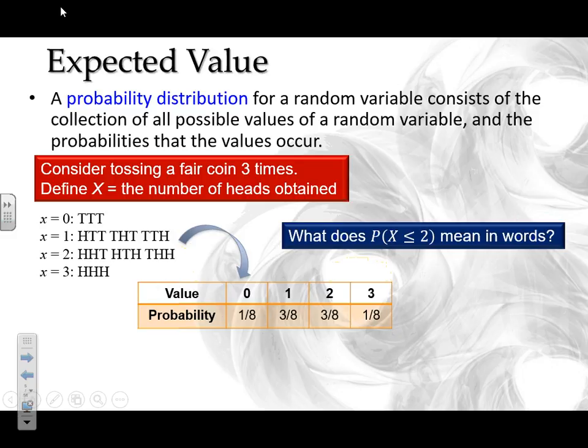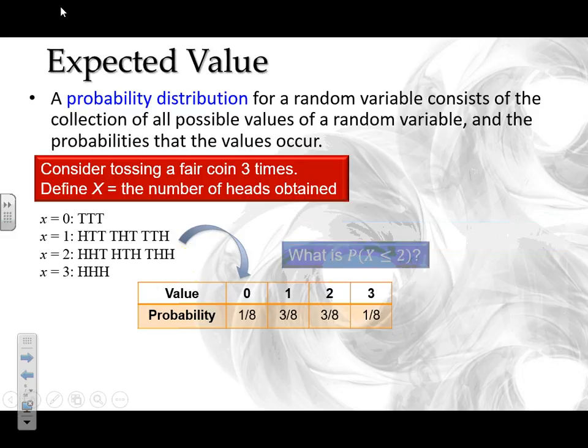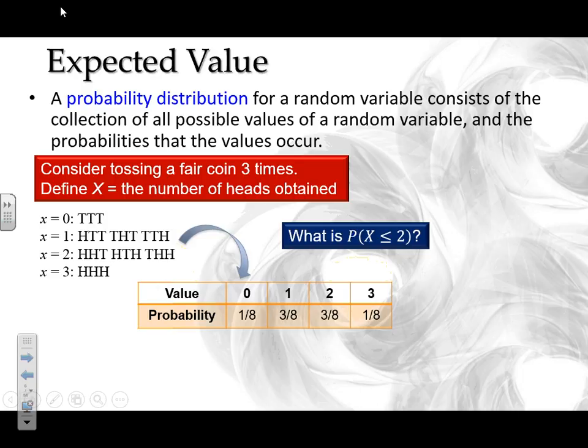Okay, so in words, again, what's the probability that the number of heads we toss is less than or equal to 2? So if I wanted you to actually calculate that probability, what would we need to do? Add what up? The probability of 0, 1, 2, 3.